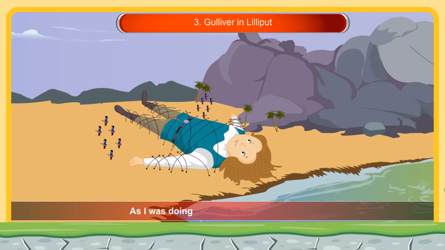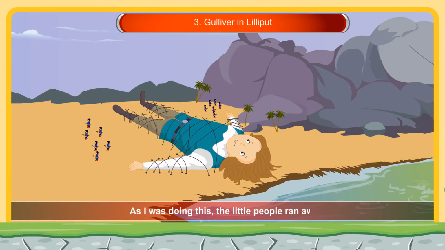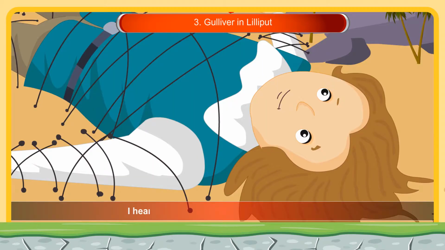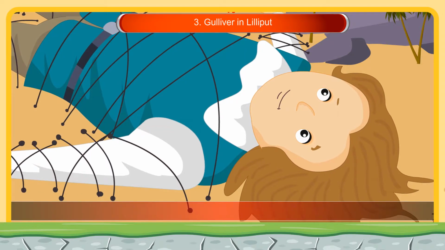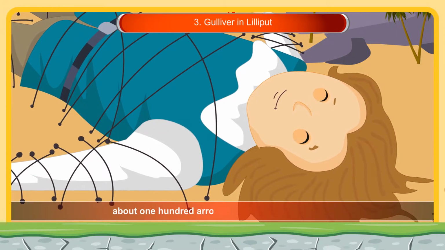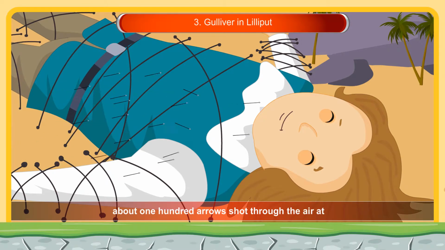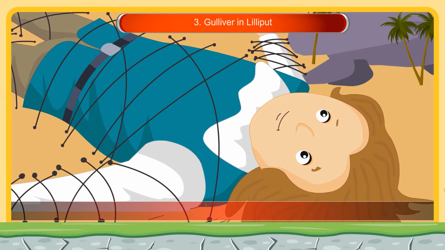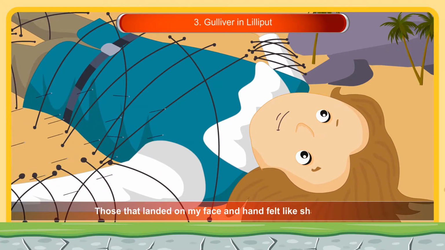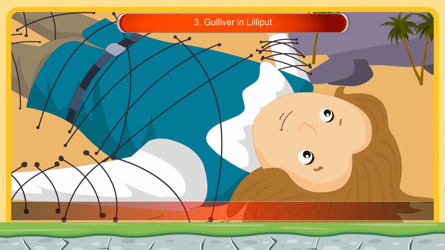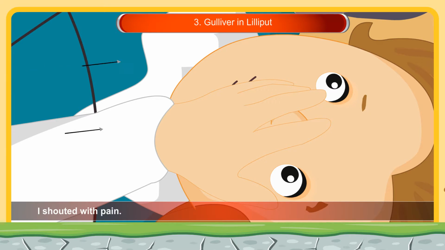As I was doing this, the little people ran away. I heard someone shout an order, and all at once about 100 arrows shot through the air at me. Those that landed on my face and hand felt like sharp needles. I shouted with pain.